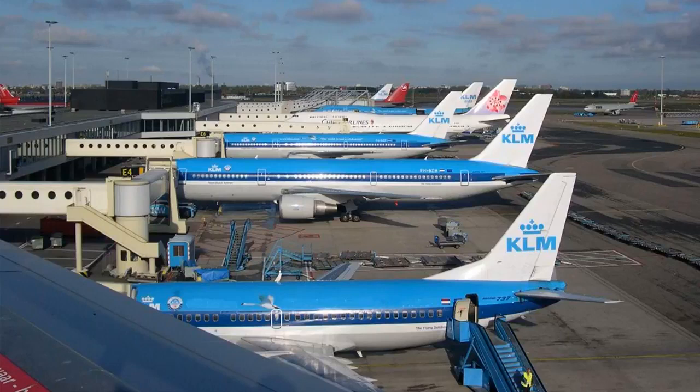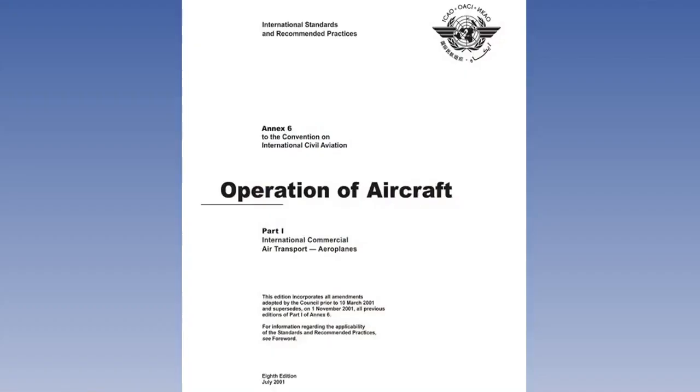To this end, we will examine the various aspects of this kind of operation, beginning with the regulatory framework, which of course commences with the International Civil Aviation Organization, ICAO. Part 1 of Annex 6 to the Convention on International Civil Aviation, the Chicago Convention, deals specifically with international commercial air transport in aeroplanes.